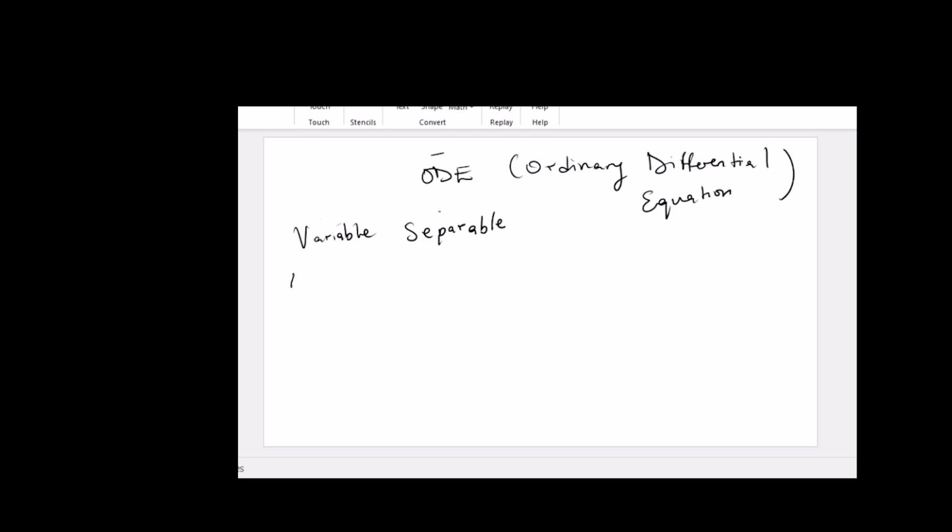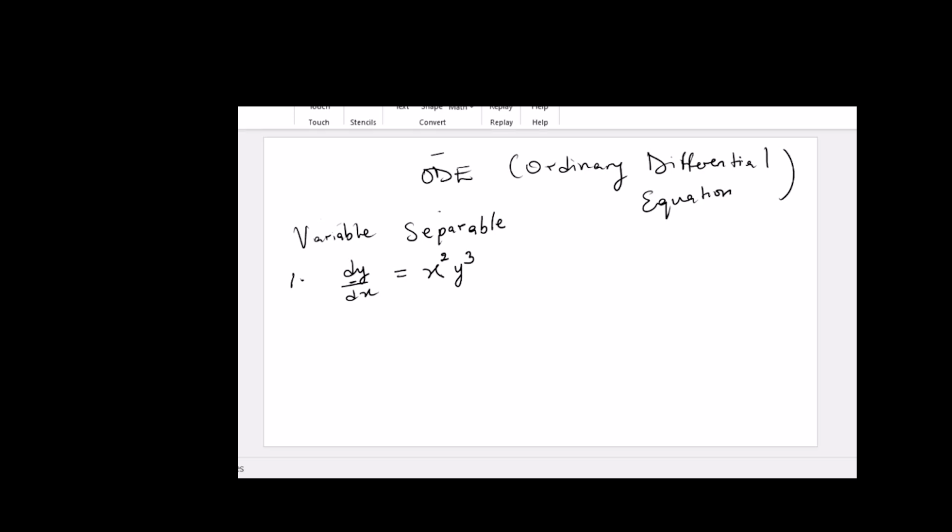For example, let's say dy/dx equals x raised to power 2, y raised to power 3, and you want to solve this particular equation. Variable separable is telling you that you can set one variable apart from another variable. For example, you set y to one side and you sort x to the other side of the equation.